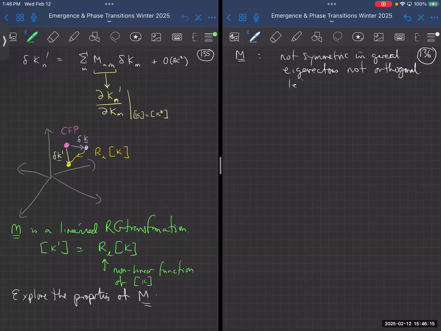So I have left eigenvectors and right eigenvectors. And also, M is not diagonalizable. And lastly, the eigenvalues are not necessarily real.